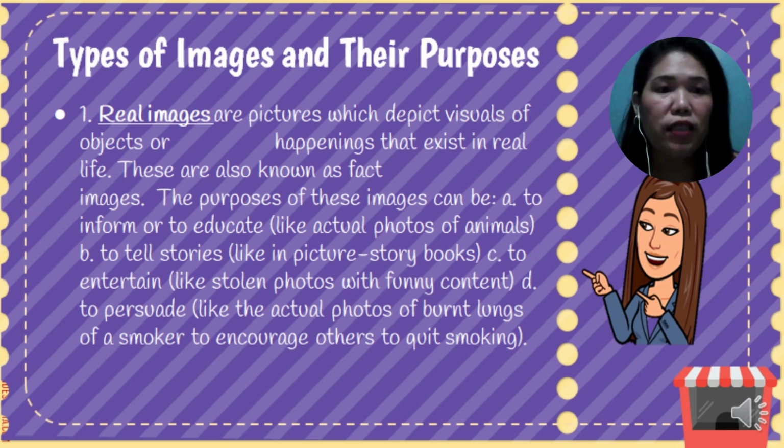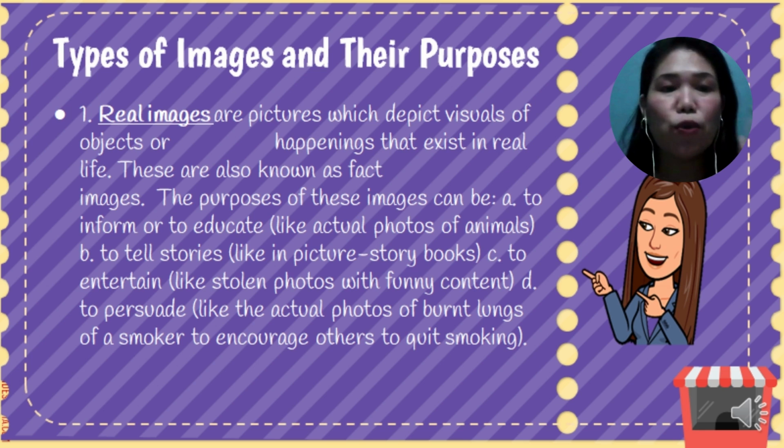So, the first one is about real images. These are pictures which depict visuals of objects or happenings that exist in real life. These are also known as fact images.